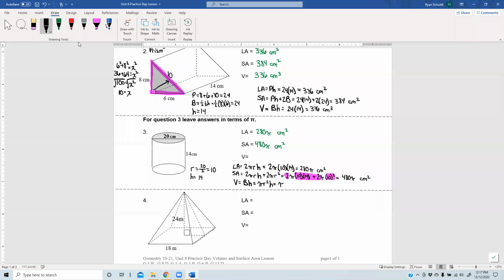It's going to be pi times 10 squared times height. So this will be 1400 pi centimeters cubed. There's our volume. 1400 pi centimeters cubed.